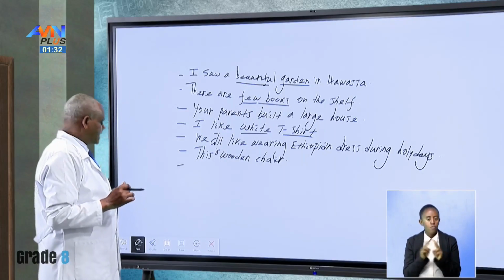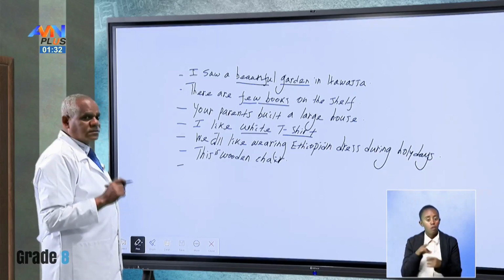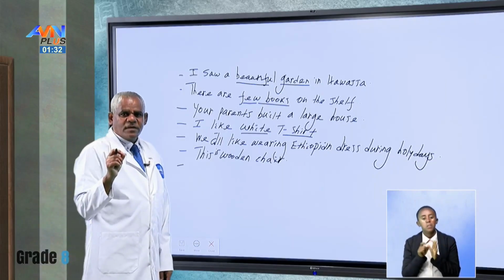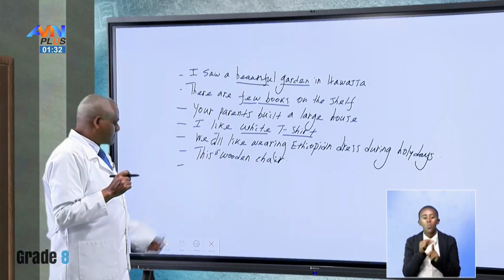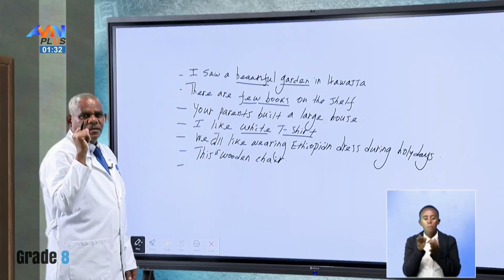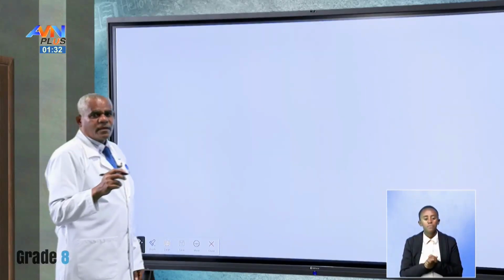Very interesting one. Next to this, I would like to give you sample examples, and then you are going to identify or underline the words that are modifying adjectives. Good.